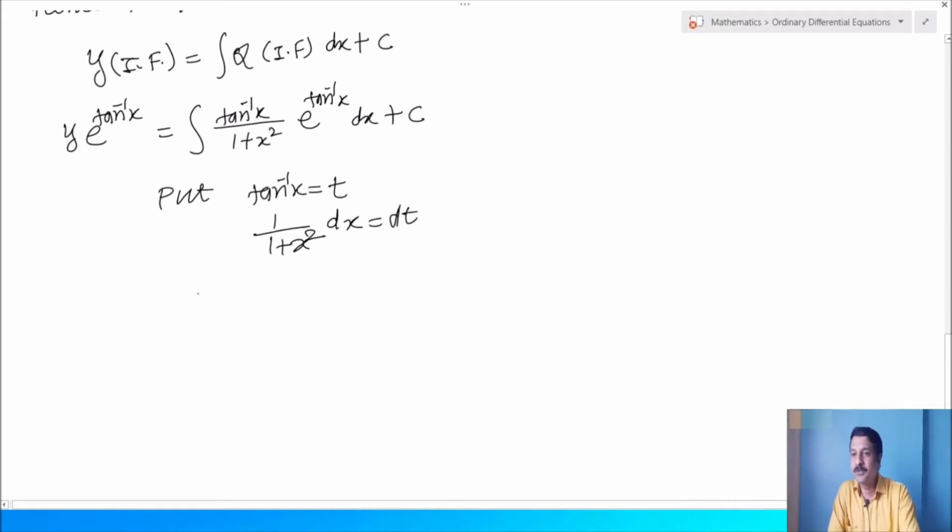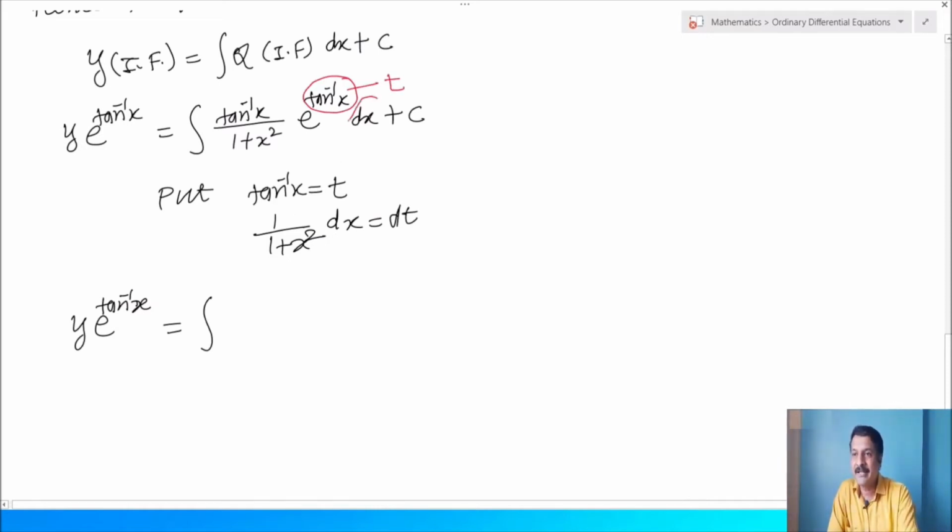And you can observe here, by this substitution, the equation becomes y e raised to tan inverse x, which is outside of the integration, so as it is, integration of. Now note here, this is nothing but t. Now 1 upon 1 plus x square dx, that is dt.